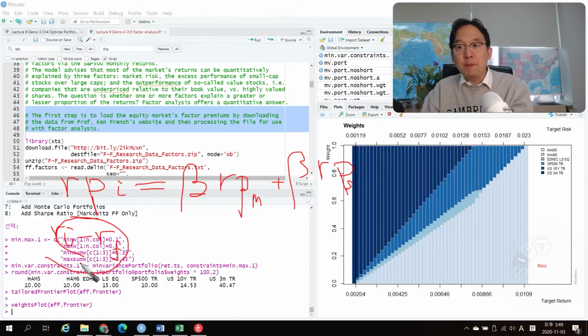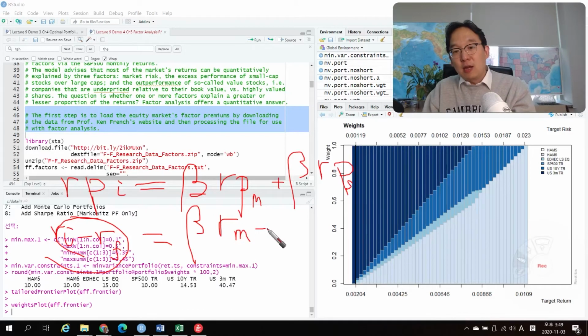Risk premium, long-short portfolio: that's the left-hand side variable. The right-hand side variable, what did I say? The market risk premium, which is the market portfolio's return minus the risk-free asset, and then plus beta times the return of the size portfolio risk premium.